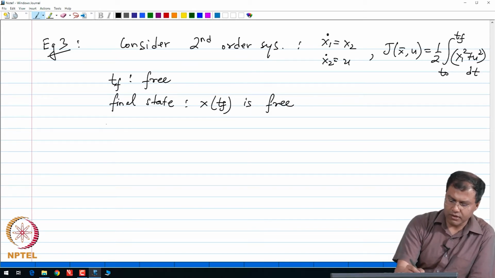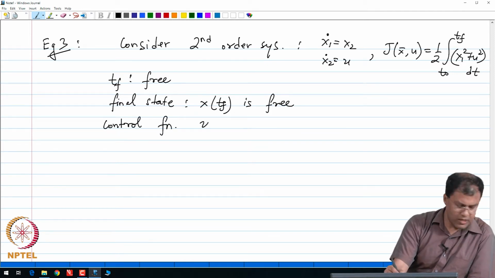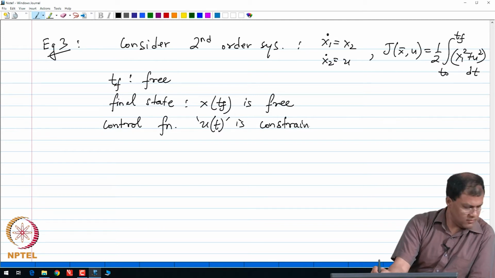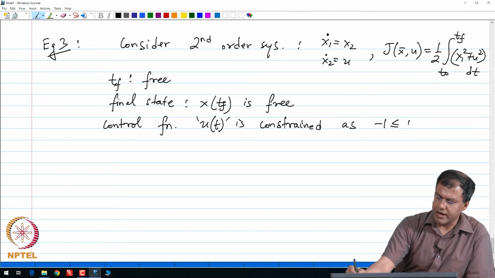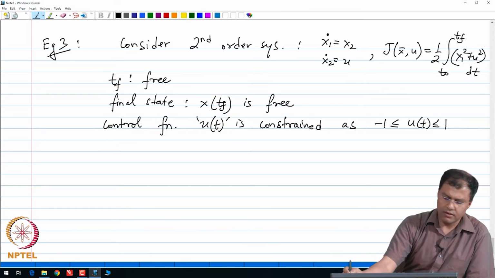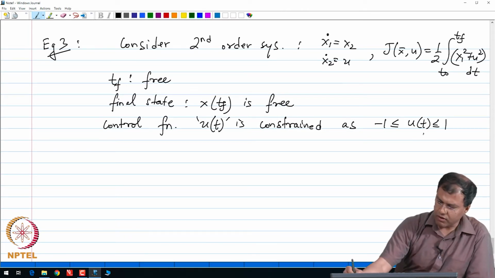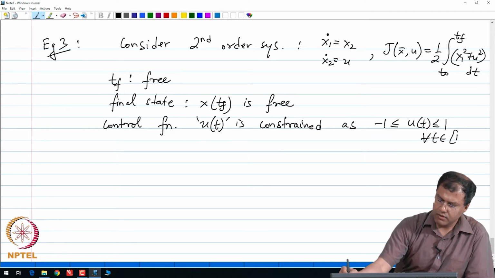Further I am given some constraint, the control function u t is constrained as u from minus 1 to plus 1, right, and this is for all t from T 0 to T f. Okay.